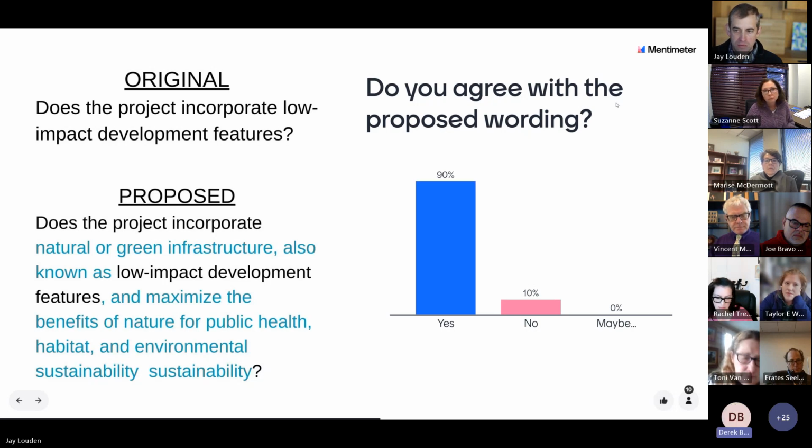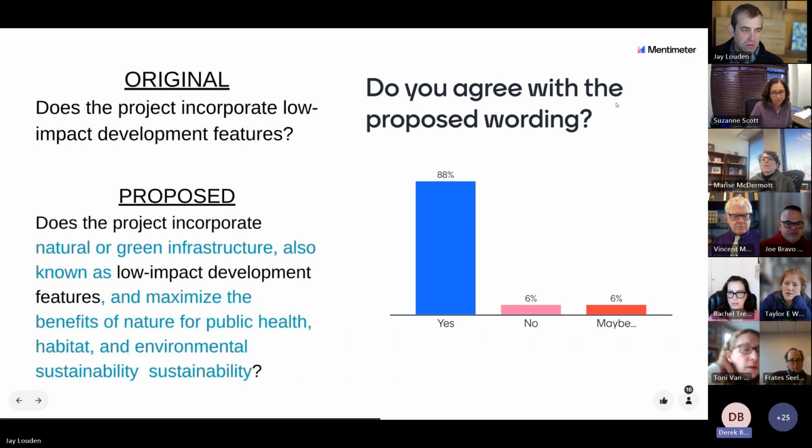This is Derek. That's me. I think you need to stick with nature-based solutions, but not jump around in terms of terms. And green infrastructure will do that. Does it answer the nature-based, or does it need to be changed? I would get rid of natural or green infrastructure, and I would also get rid of low-impact development features.